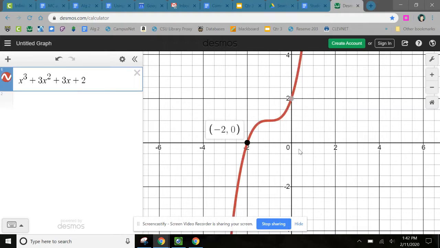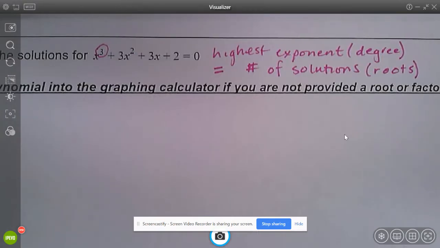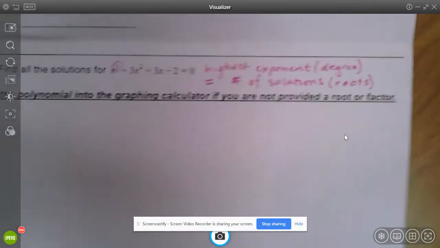And there's a very specific reason for that, and that is the other 2 solutions that you cannot see are imaginary. And that is the reason we have to do it algebraically. We cannot get our imaginary solutions from this graph. But what we can do is use the information from the graph to help us find the other 2 solutions.